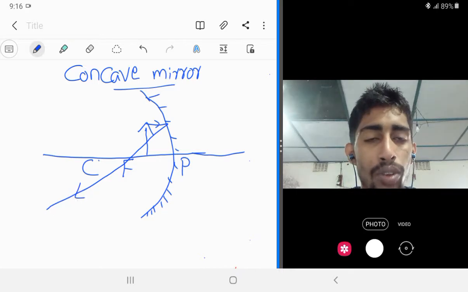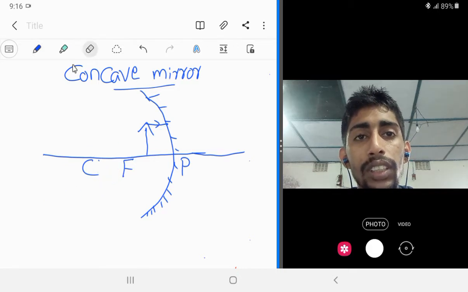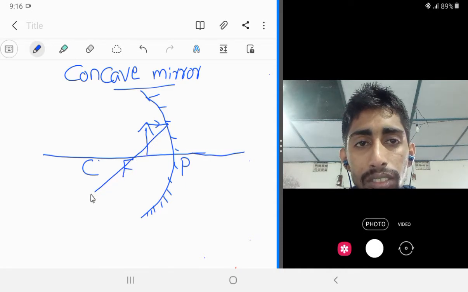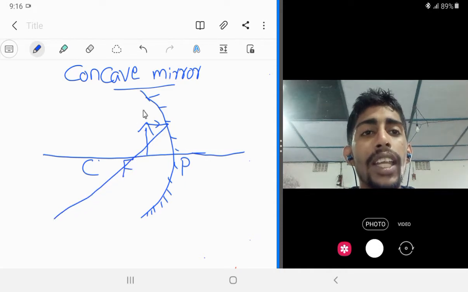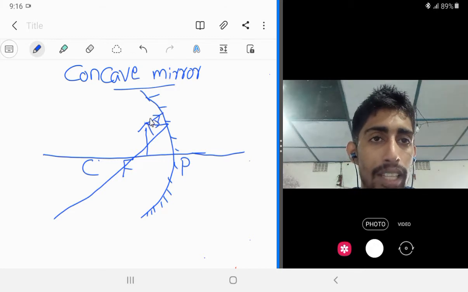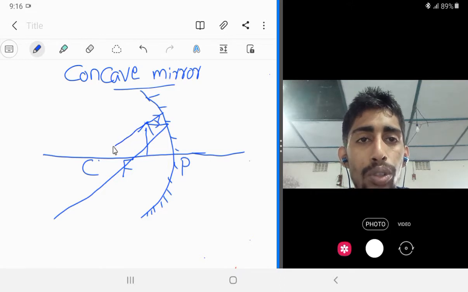That we already know. And second one, the light ray which is moving in the direction of the center of curvature, when it reflects it will move back through the center of curvature.